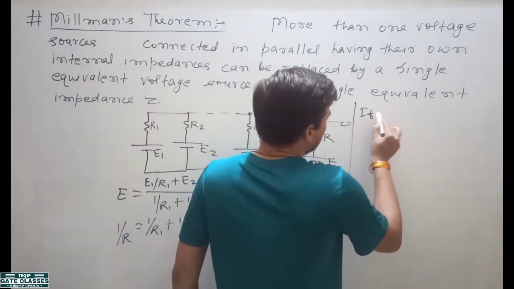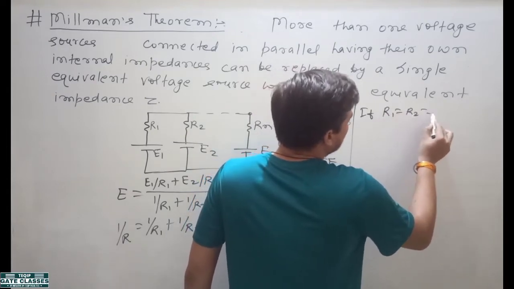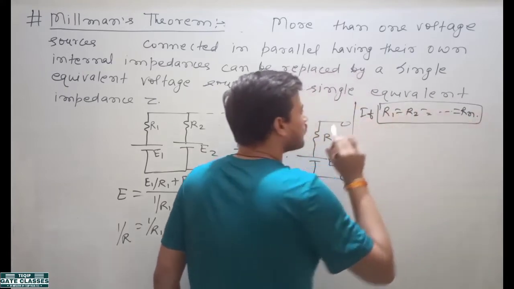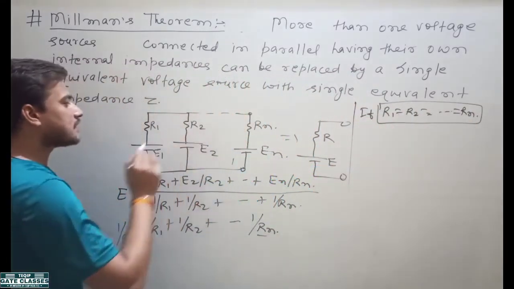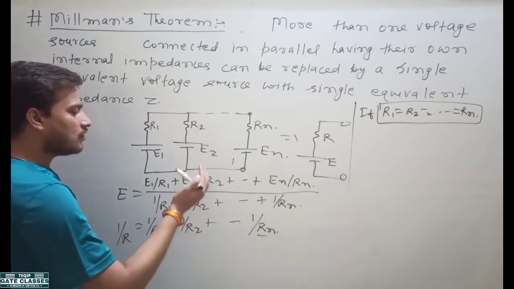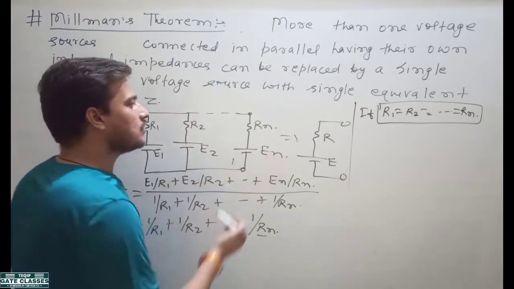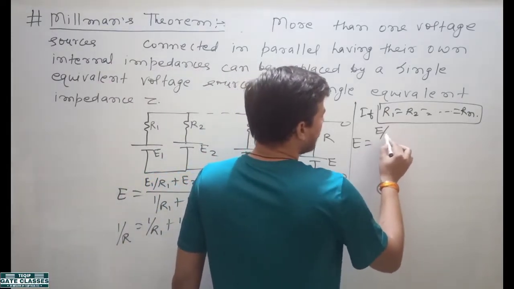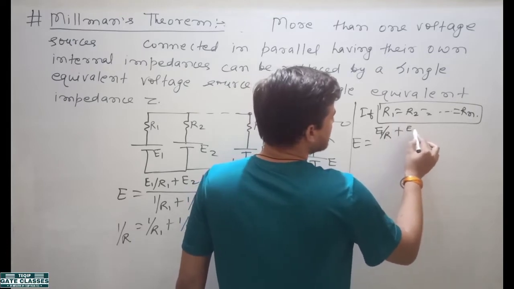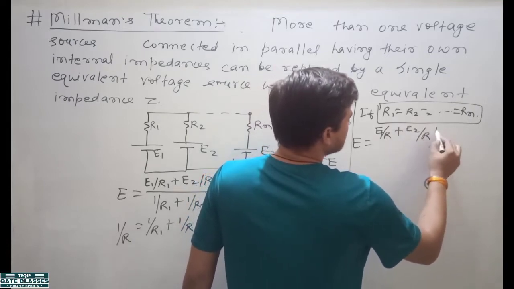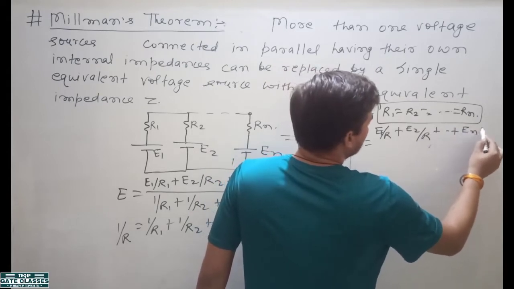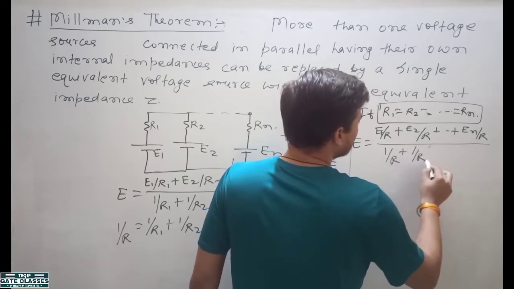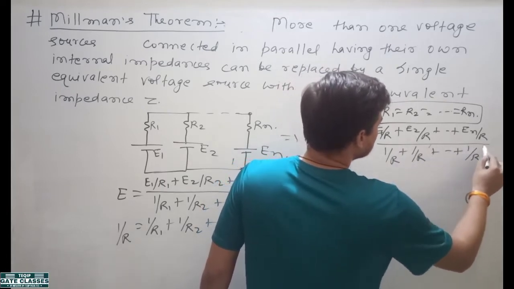Now see one thing. If R1 is equal to R2 up to Rn, if all the resistances are equal, then what will be the value of voltage? So here voltage will become E1 by R plus E2 upon R plus up to En upon R divided by 1 upon R plus 1 upon R up to 1 upon R, that means n times.